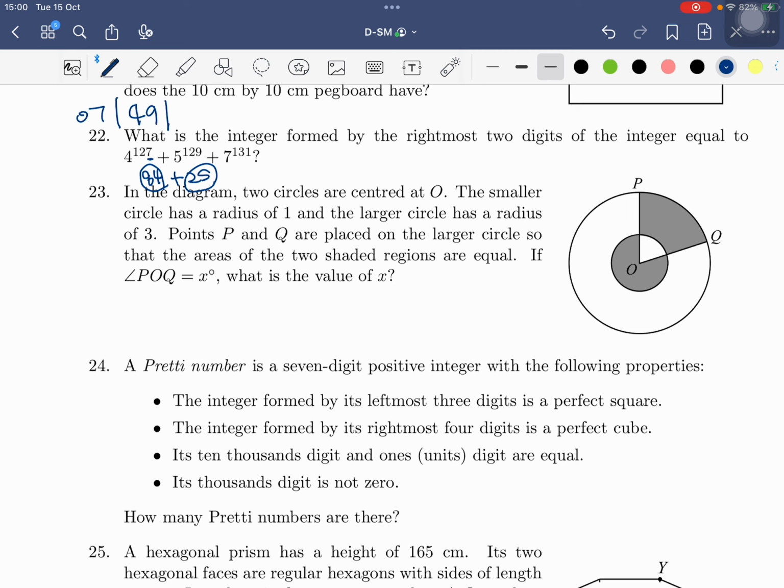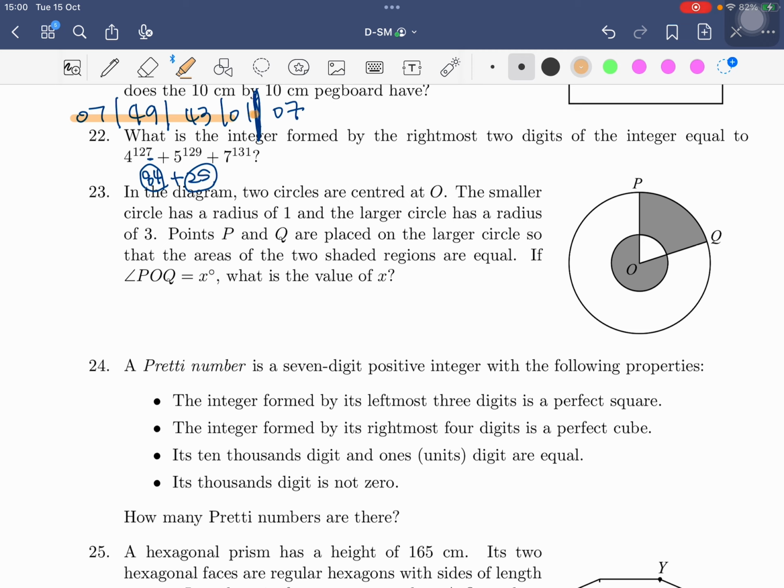Let me do it with the calculator. So 49, 343, 01, times 7, 07. Okay, so now we already found the pattern.